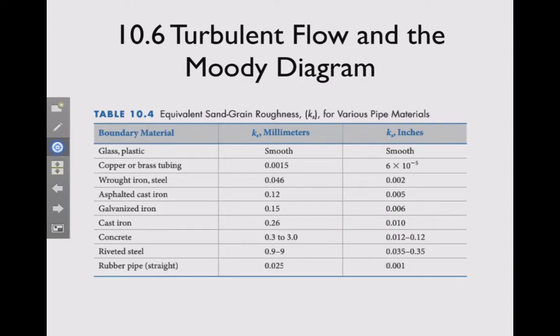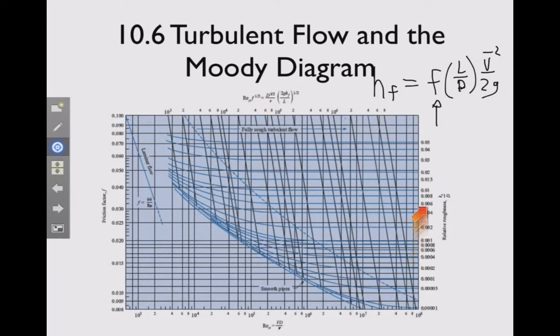So if we read this value off this table, and we know the diameter of the pipe, we can find the relative roughness. So if we knew the relative roughness, we could choose which value here we needed, and then we can go to the appropriate Reynolds number and pick off the value of the friction factor, and then determine the head loss in the pipe.